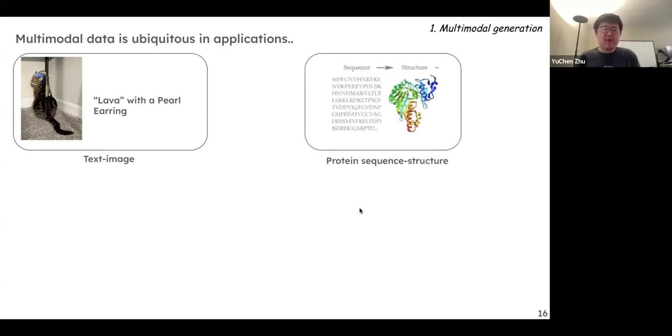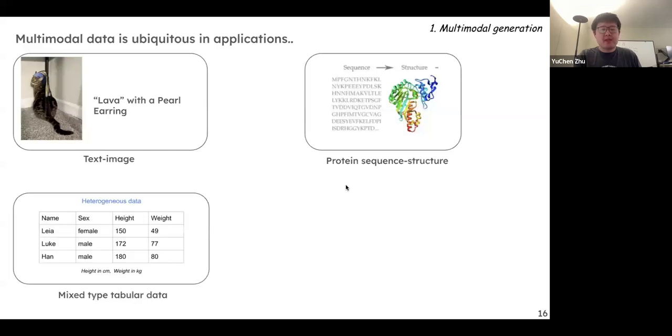This is also the case in protein science, where of course you have a sequence and its folded structure, and the sequence and the structure are highly connected to each other. Other multimodal data includes, say, tabular data, which is also of more and more importance.